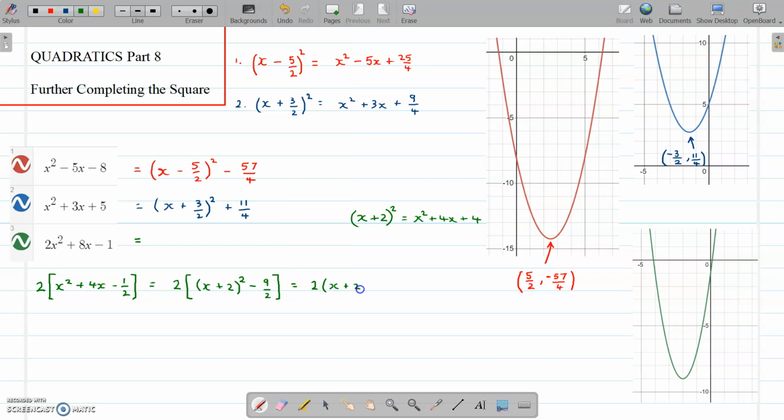But now I've taken away the big square brackets because I'm going to combine this 2. I'm going to multiply this 2 by the 9 over 2 to give me minus 9. That's the way I would present it here. So this is the answer here if you like, 2 lots of x plus 2 all squared, minus 9.